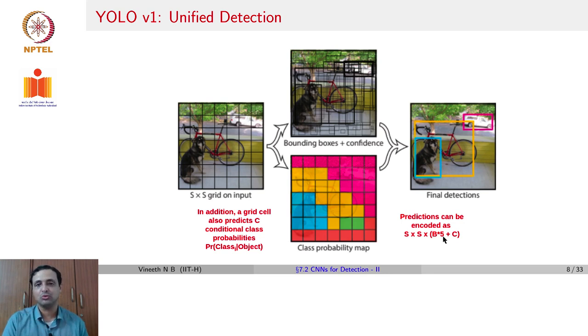So that amounts to 5. And then you have C class probabilities per grid cell, and that's how you get S into S into B into 5 plus C. That's the total number of outputs that you would have in your output layer before applying non-max suppression.